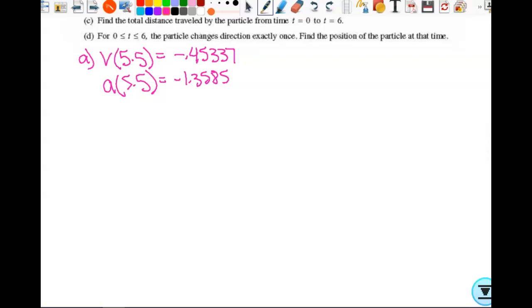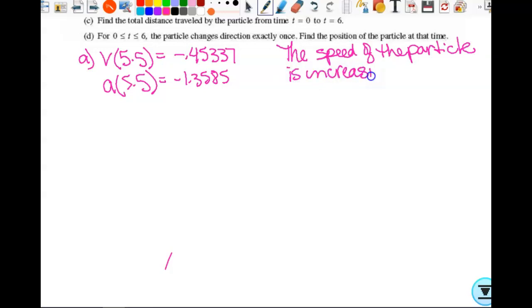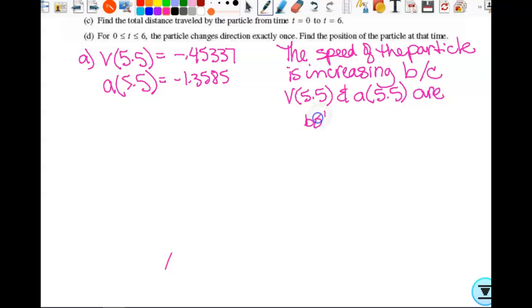Increasing. Okay, so I would say then, because it says explain, the speed of the particle is increasing because V of 5.5 and A of 5.5 are both negative.